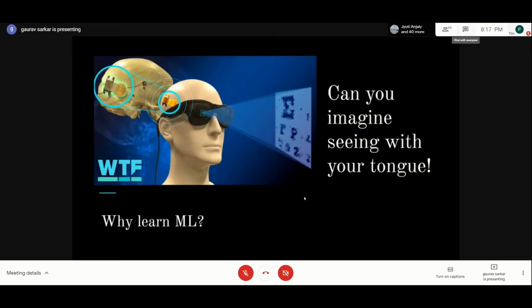The problem you can face is that the day your picture was taken, it was the front profile of your face, and now when you are coming, it might be possible that your face is a little bit tilted to the right side. So if you use traditional programming, the machine can simply say no, it's not you, it's someone else, because your face is tilted, and the machine might tell you that you are not the same person.